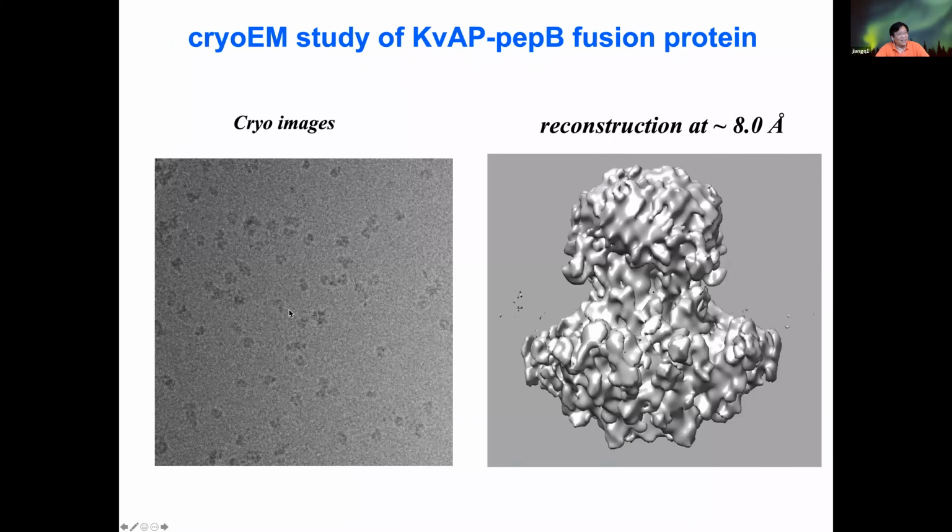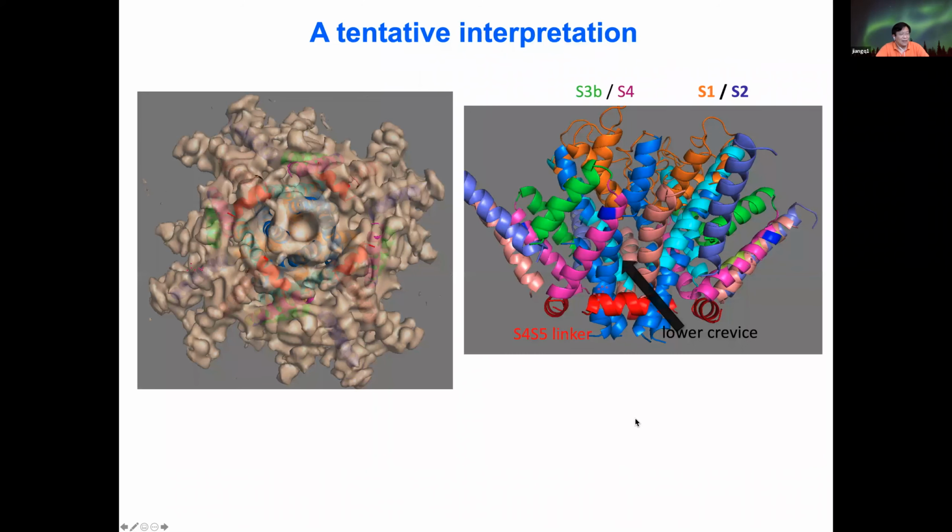Shown here is the condition which we found that can keep the channel in the resting state. We are currently at around 8 angstroms. Under this resolution, we can recognize the individual alpha helices, even though we cannot reliably designate them.